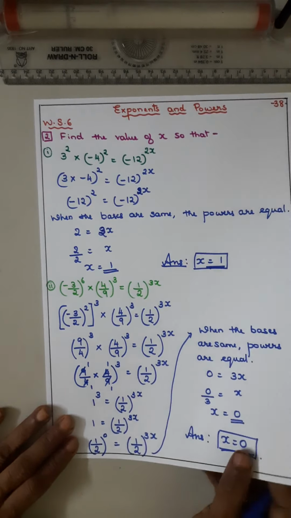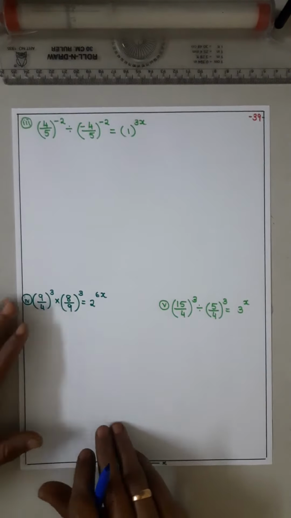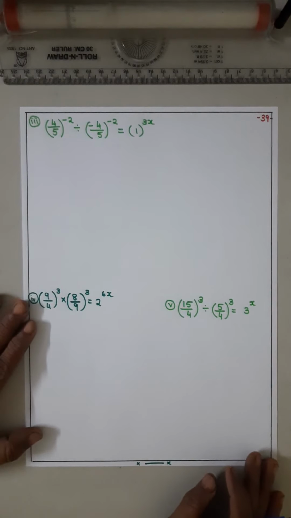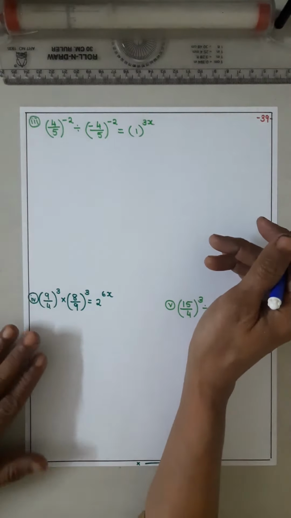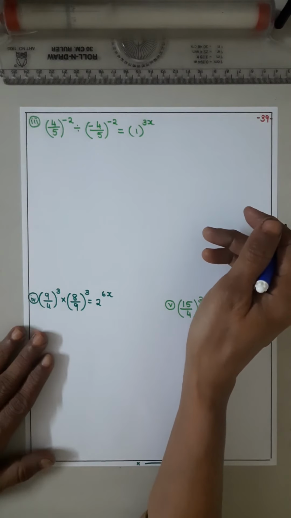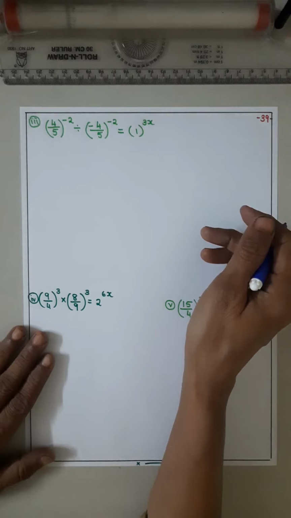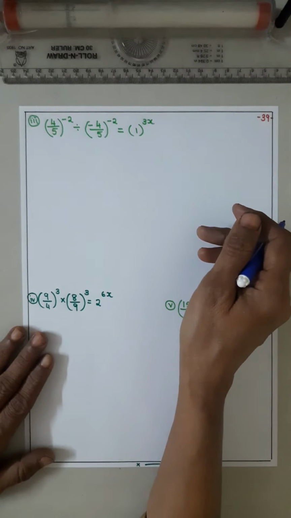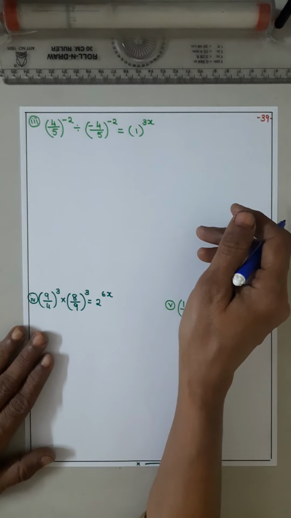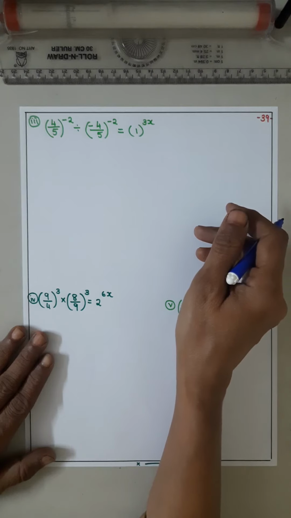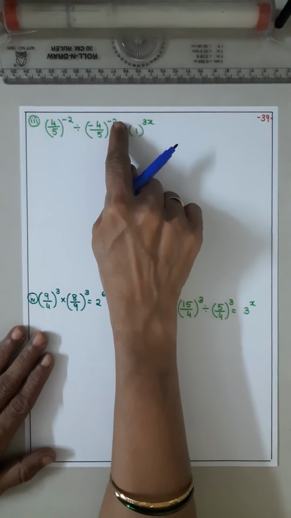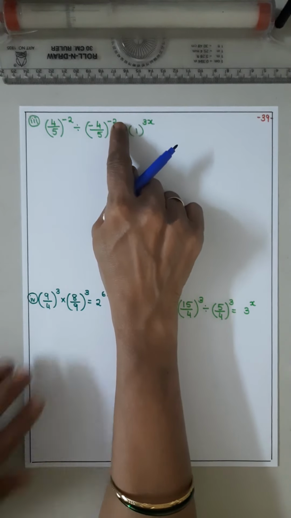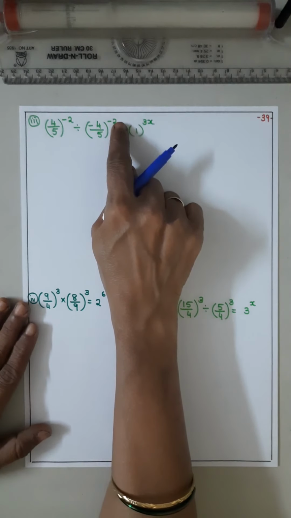Now coming to the third sum, it is 4 by 5 the whole raised to minus 2 divided by minus 4 by 5 the whole raised to minus 2 is equal to 1 raised to 3x. Now here it is negative, here also negative. So first convert into positive.